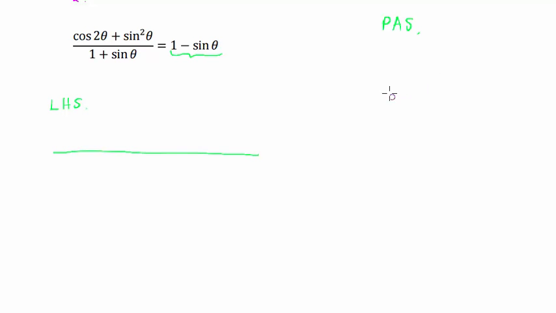Okay, let me just quickly show you. 1 minus 2 sine squared theta plus sine squared theta, over 1 minus sine theta. And here I can see the top simplifies because I've got 1 sine squared, but I'm subtracting. Guys, if I see this once again, I'm going to flip.